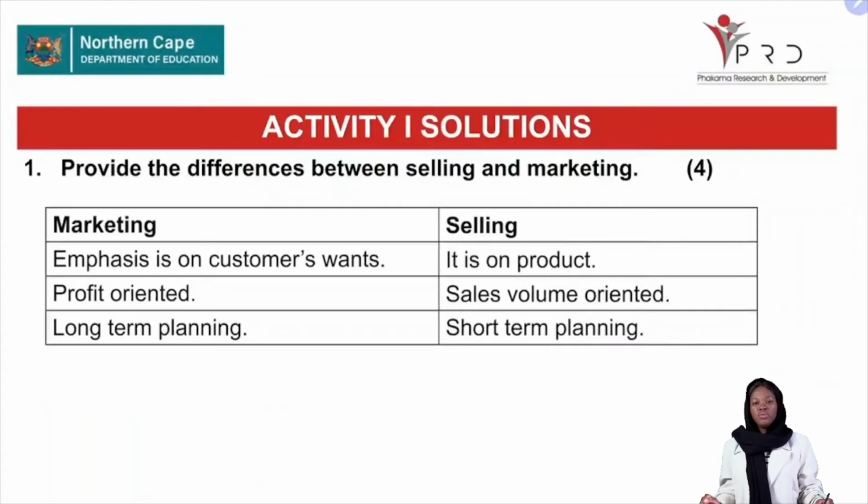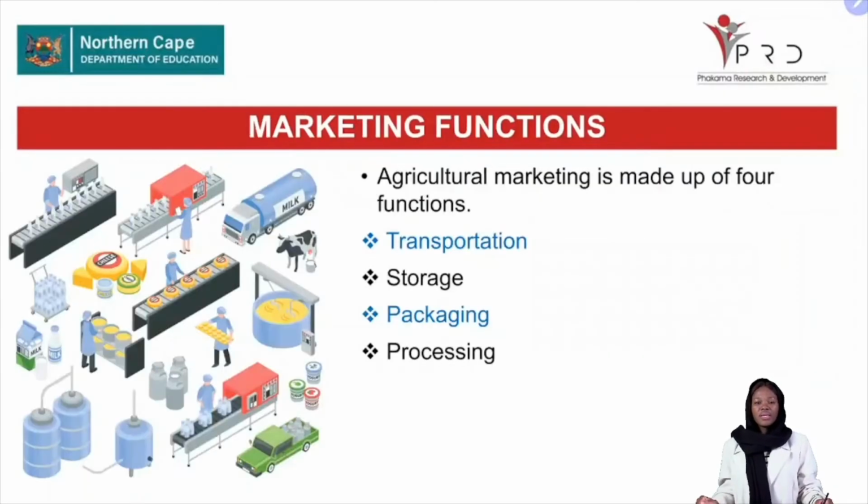Now let us continue with our lesson and go to marketing functions. These are the important things that a farmer needs to do after producing a product. Remember, marketing involves different processes whereby we are producing a product, transporting it, delivering it, and making sure that the consumer is satisfied and even comes back for more.